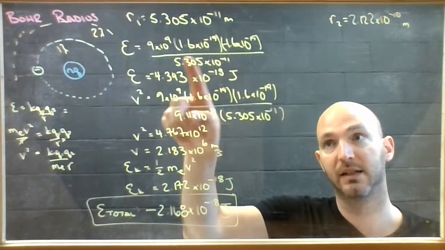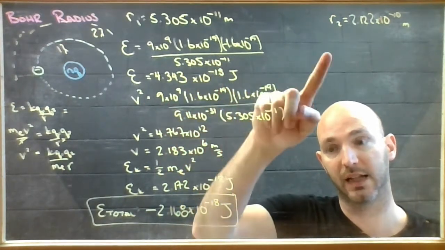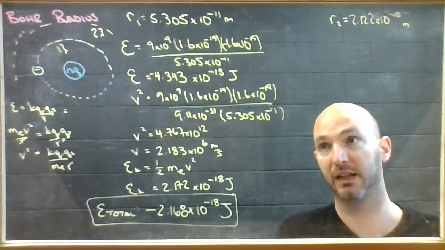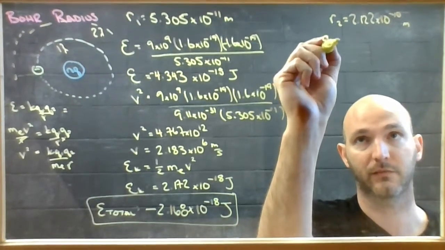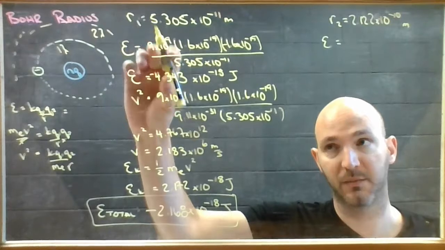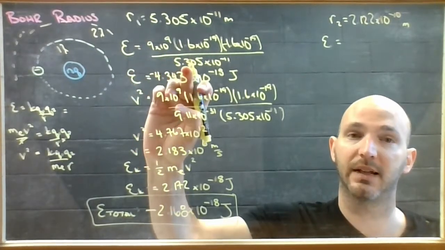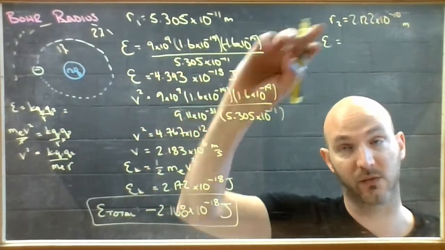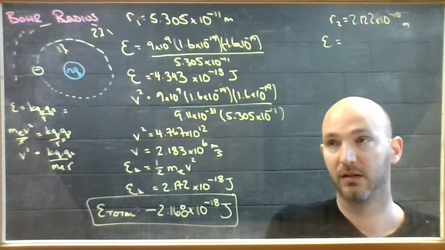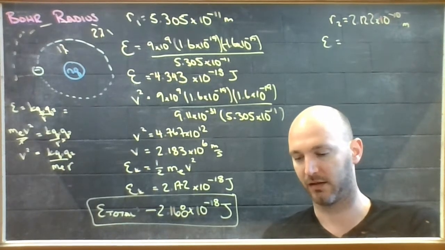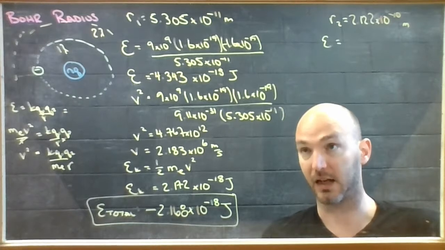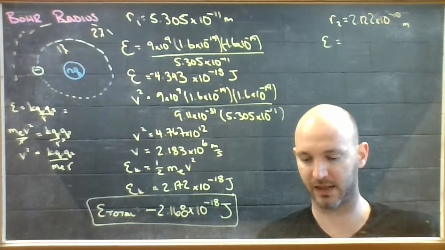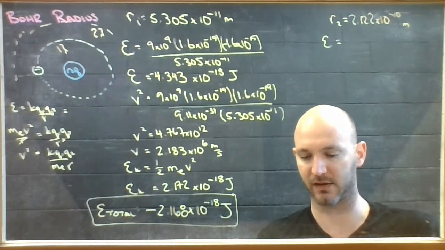Notice that the energy for the electrostatic then will be this process, but instead of using the first radius, I'm using the radius of the second orbital. So it will be 9 times 10 to the 9 times 1.6 times 10 to the negative 19 squared.